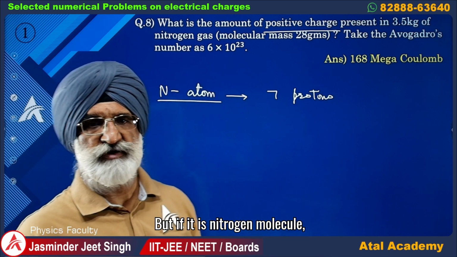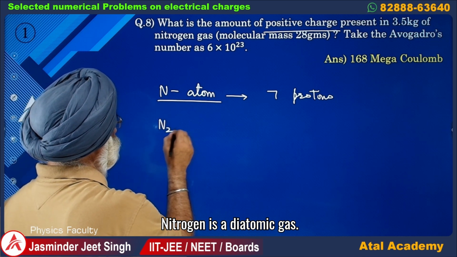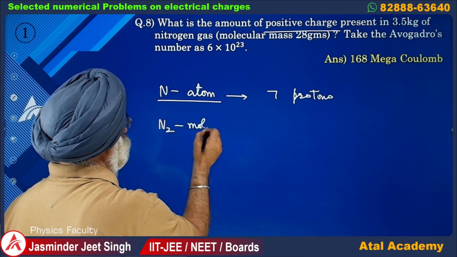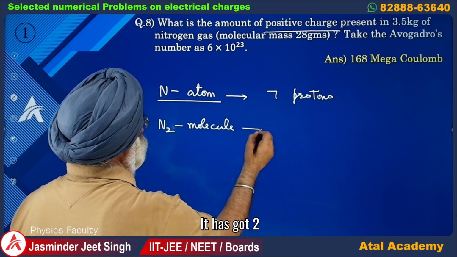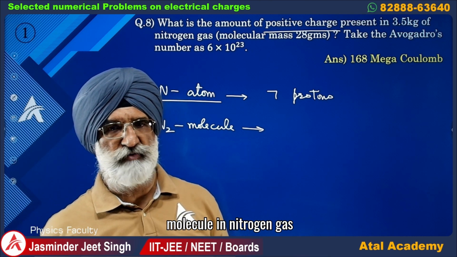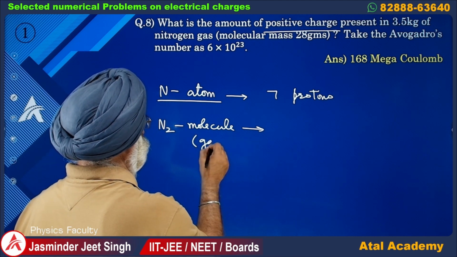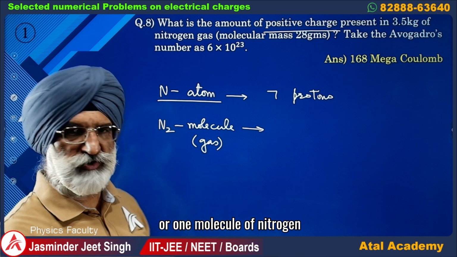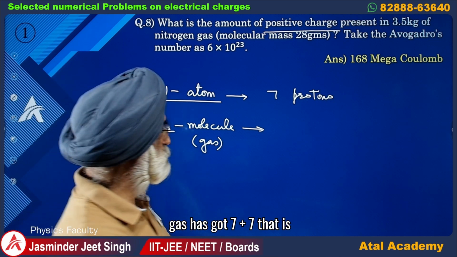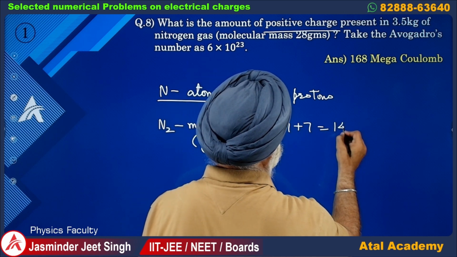But if it is a nitrogen molecule, nitrogen is a diatomic gas. It has 2 atoms which combine together to form one molecule. So one molecule of nitrogen gas has 7 plus 7, that is 14 protons.